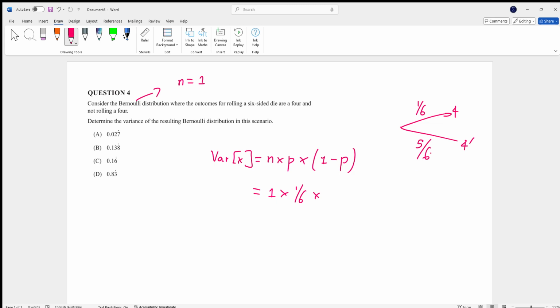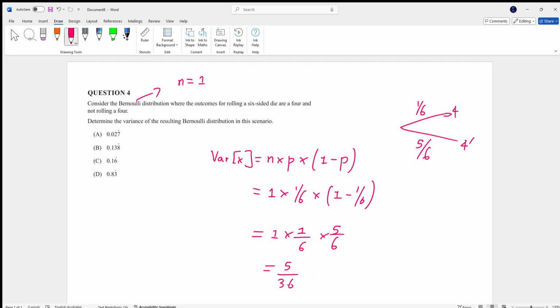Times the probability of not getting a 4, which is 1 minus 1/6, which is 5 over 6. So you can write it as 1 minus 1/6, or you can just write 5 over 6. So here it's literally just going to be 1 times 1 over 6 times 5 over 6. So here you get 5 over 36.